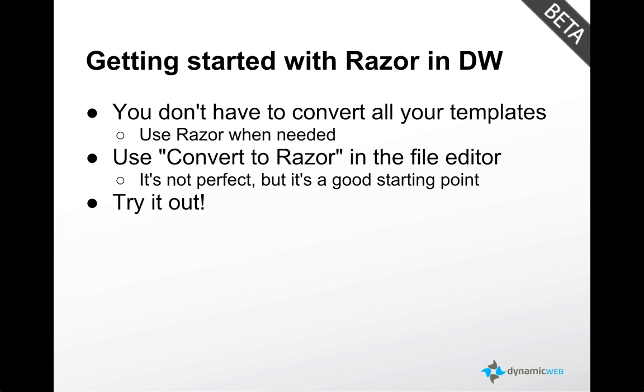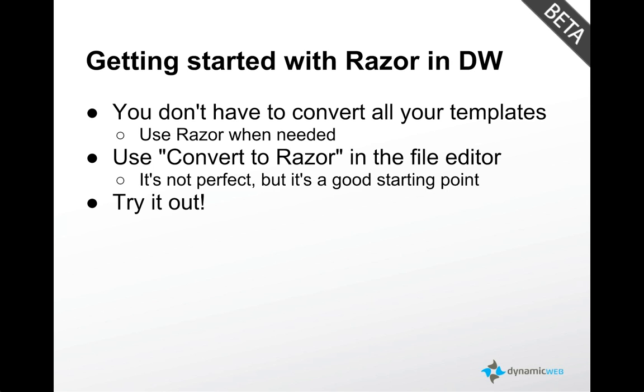You can make very small changes to your current HTML templates and start using Razor in Dynamicweb. An important thing to notice is that you don't have to convert all your templates to Razor. You can have your Dynamicweb site running as it is today, and then start using Razor in some templates.